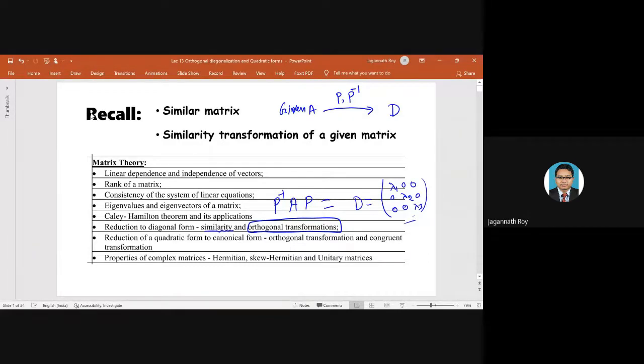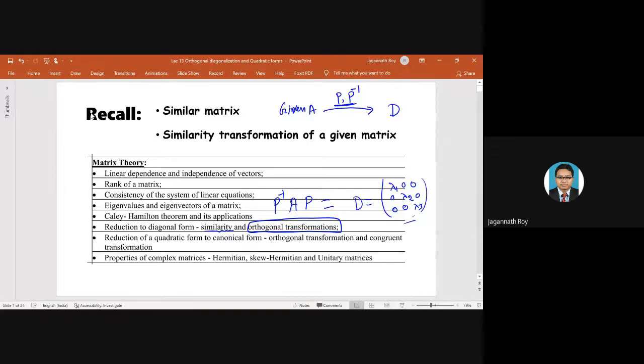So here the transformation matrix, if it is a similarity matrix, then we call it a similarity transformation. Now if P is orthogonal, then we call it an orthogonal transformation. So that's the idea of orthogonal transformation, orthogonal diagonalization.